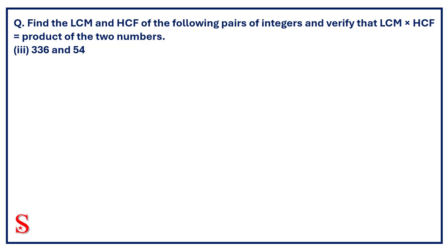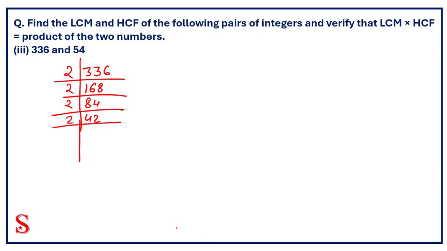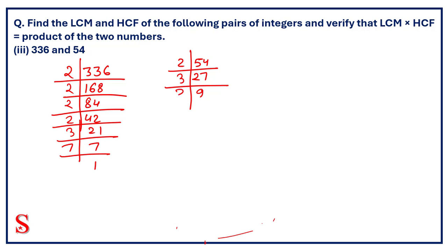Now here we are given two numbers, 336 and 54. And now we'll find the factors of 54. Write down the factors.